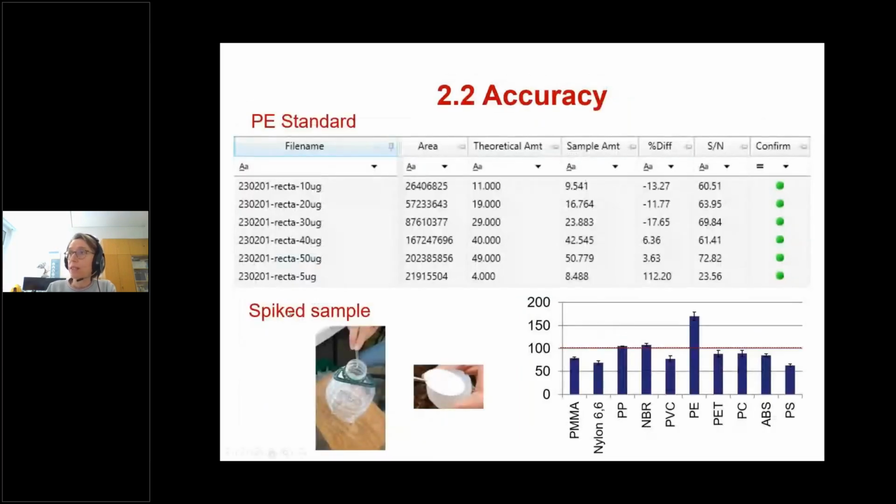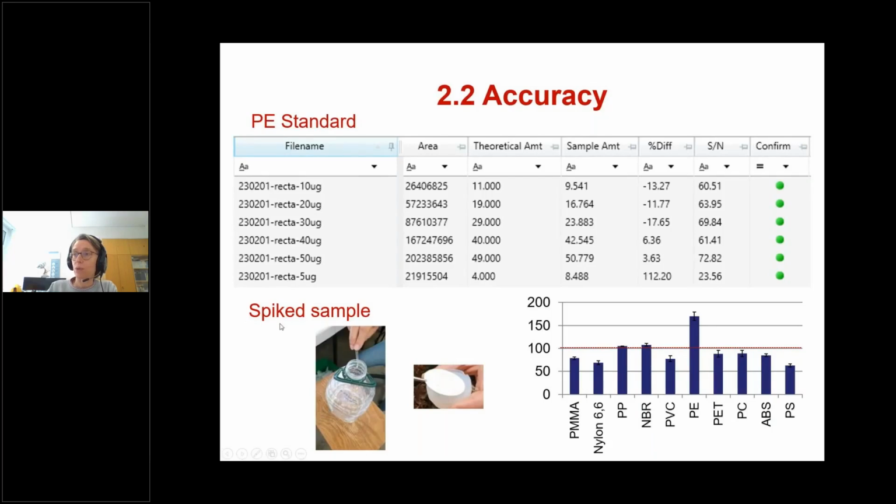When we go to the accuracy, this is an example of polyethylene, and we see that the green lights, what we have added in the cuvette, and what we are quantifying, it is very accurate.